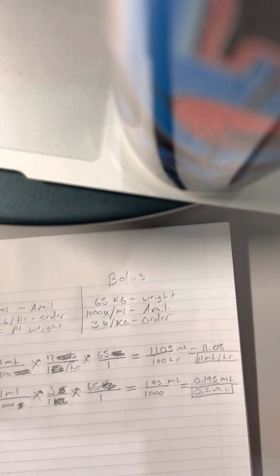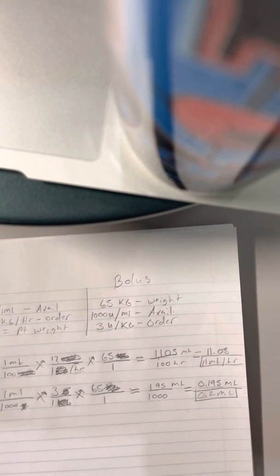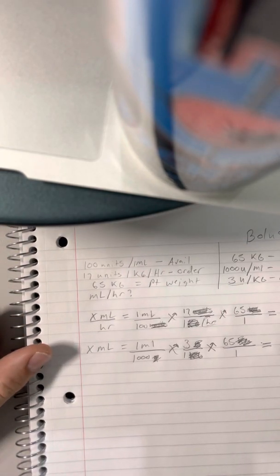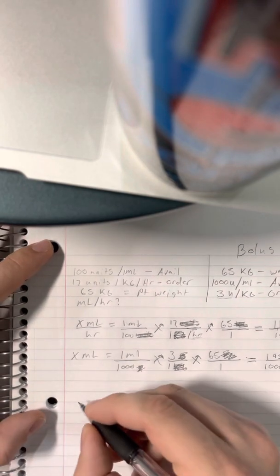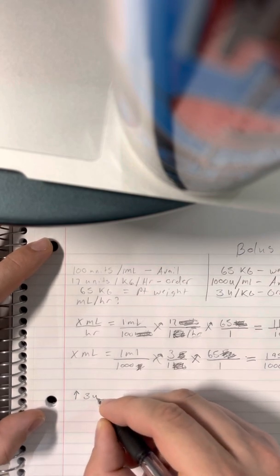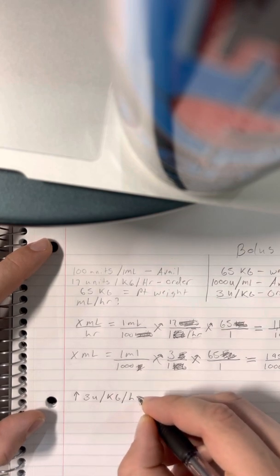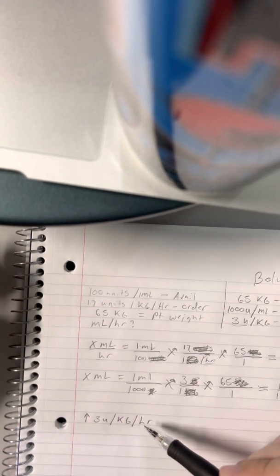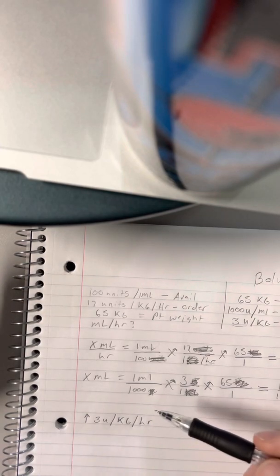Okay. If you have any questions at this point, just holler at me. Now, we need to increase the rate by 3 units per kilogram per hour. So we're increasing 3 units per kilogram per hour. Now you're probably, my big thing was I didn't know what we were increasing.